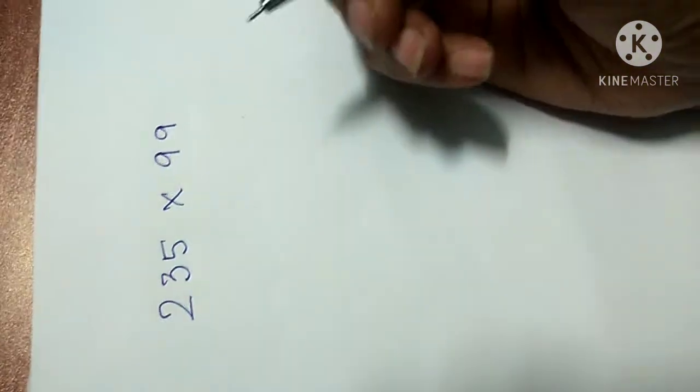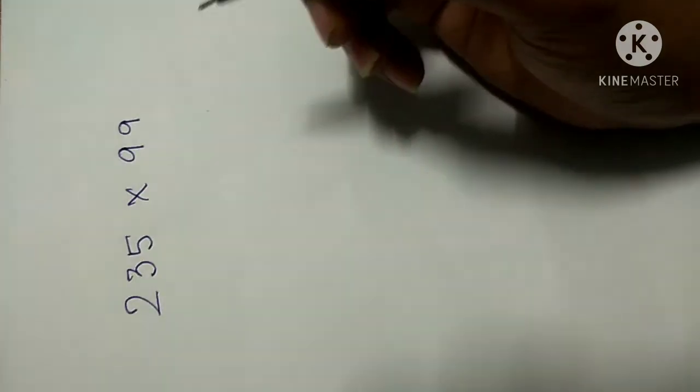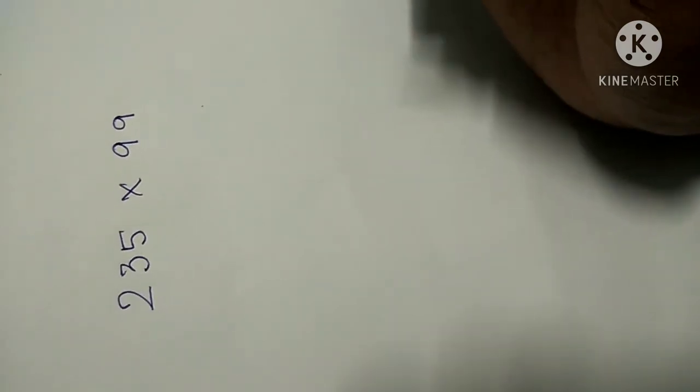Example number 1. 235 multiplied by 99. Okay. Now this particular sum will take long time for us to solve if we apply the long multiplication method, right? So we can apply one trick.